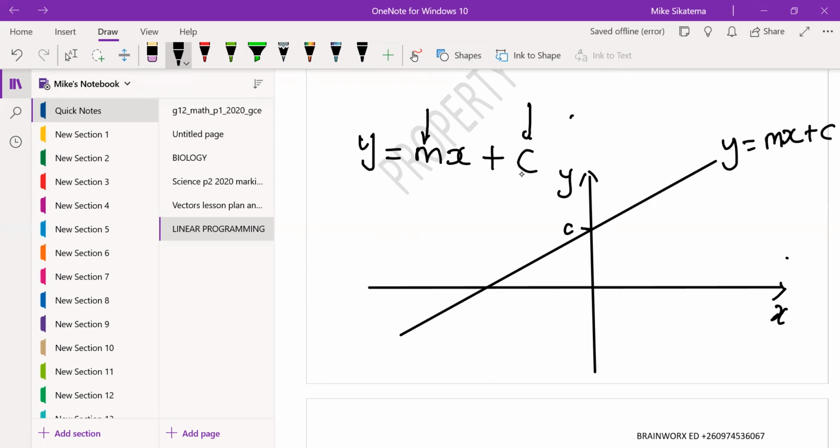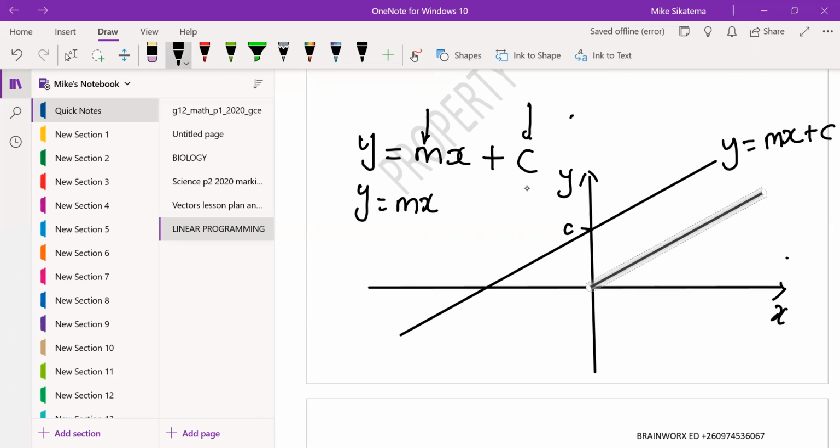So this is the y-intercept, where this line crosses the y-axis. Then the other line that we're going to encounter is y equals mx. This line y equals mx does not have a y-intercept, but it's going to cut through the origin, so it's going to be that line here.